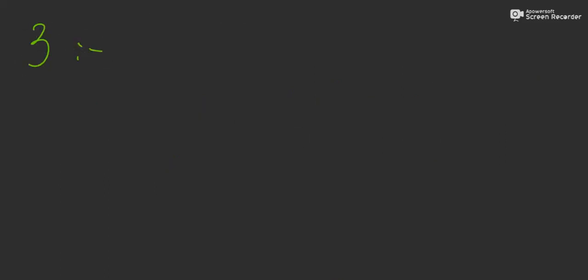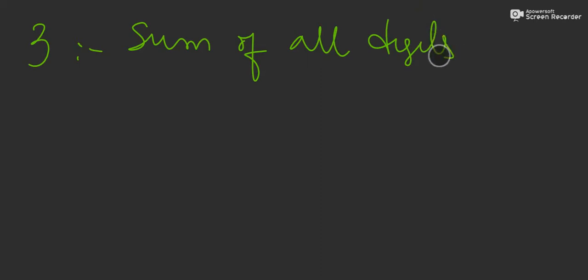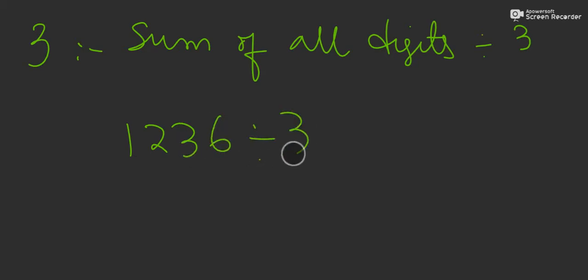Okay, so the divisibility rule for 3 is: if the sum of all digits is divisible by 3, then the whole number is divisible by 3. Let's suppose 1236. Can it be divided by 3, yes or no?